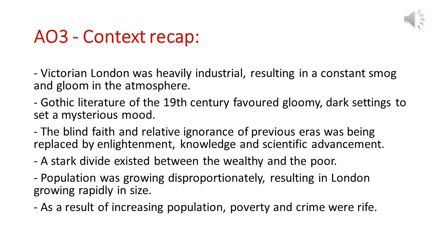Third, the blind faith and ignorance of previous eras, where everybody just believed in God and accepted that certain things happened because God intended them to. That belief was being replaced by science and knowledge and enlightenment. Again, we see that through Holmes's science of deduction and the idea that light was being shed on topics that previously hadn't been understood properly.